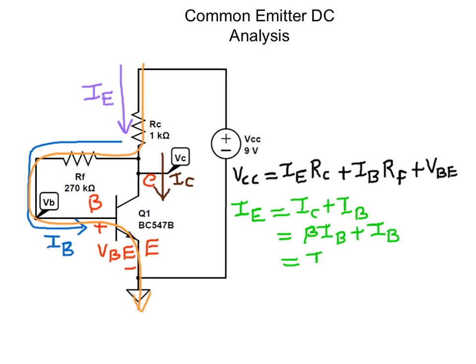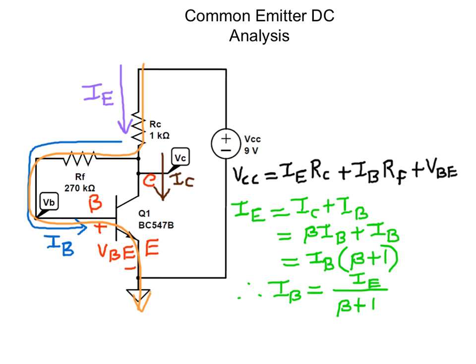This can be expressed as IB times (beta plus 1). Therefore, IB, or the base current, can be expressed as IE divided by (beta plus 1).